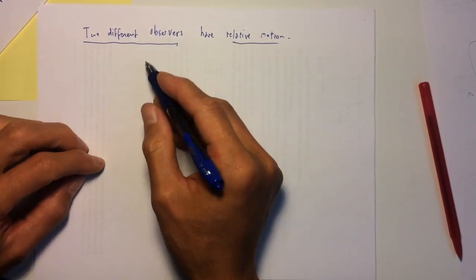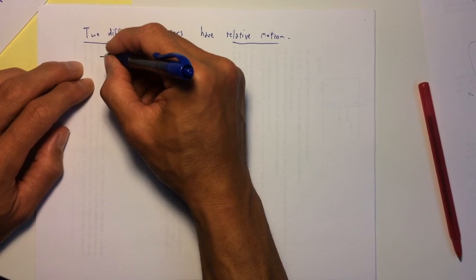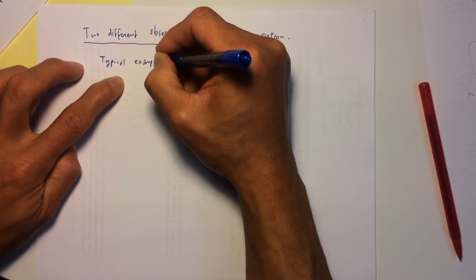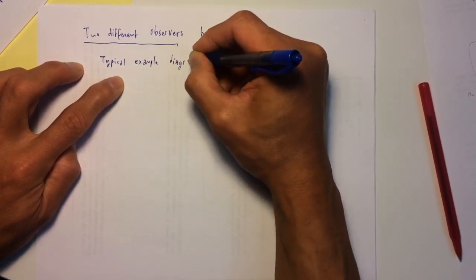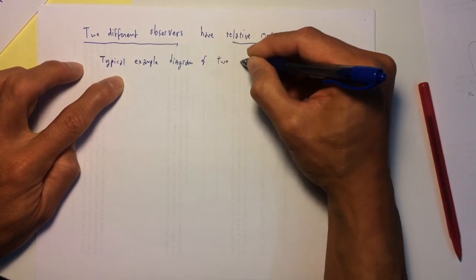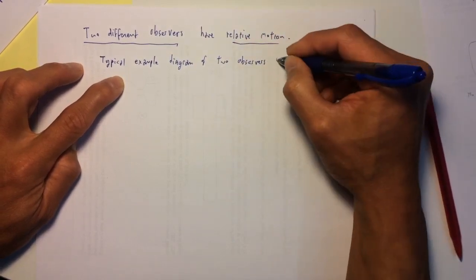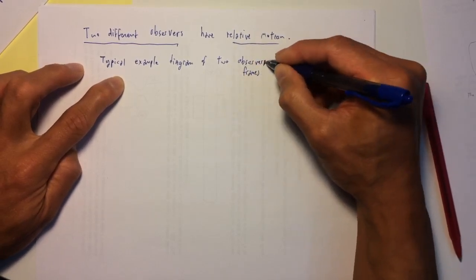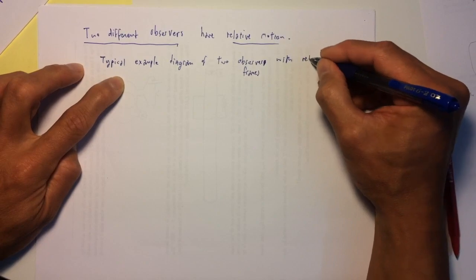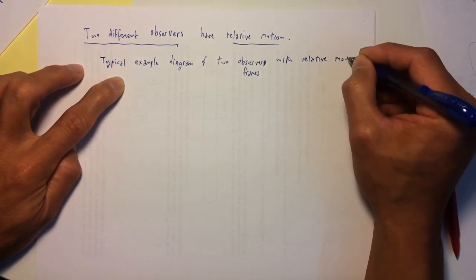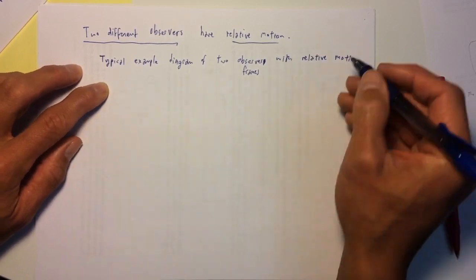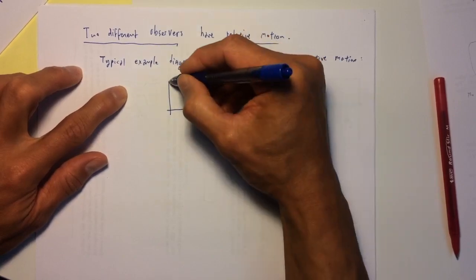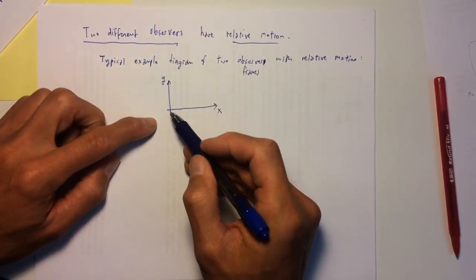So here's an example, and this is typically what you see when you're introduced to special relativity. The typical example diagram of two observer frames with relative motion. Here is an observer frame whose coordinates are, for example, x, y, and of course z.